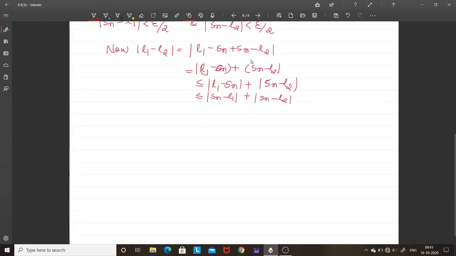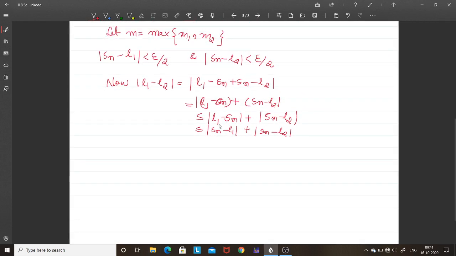Now we have noted that this is less than epsilon by 2 plus epsilon by 2, which is epsilon, for all n greater than or equal to m. This is for all, I have combined them, so that's why I took the maximum here.